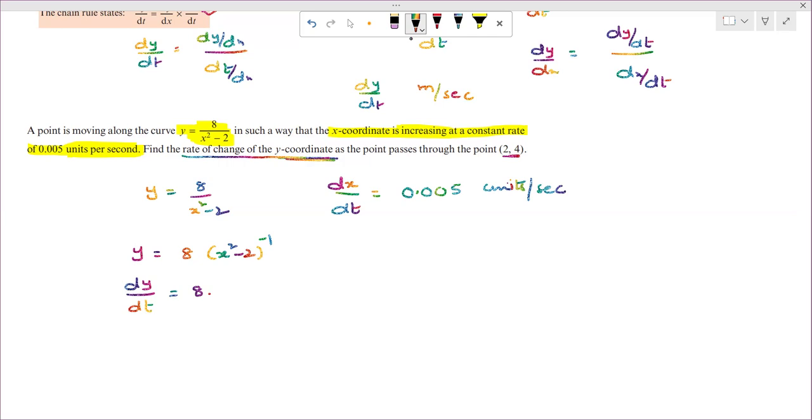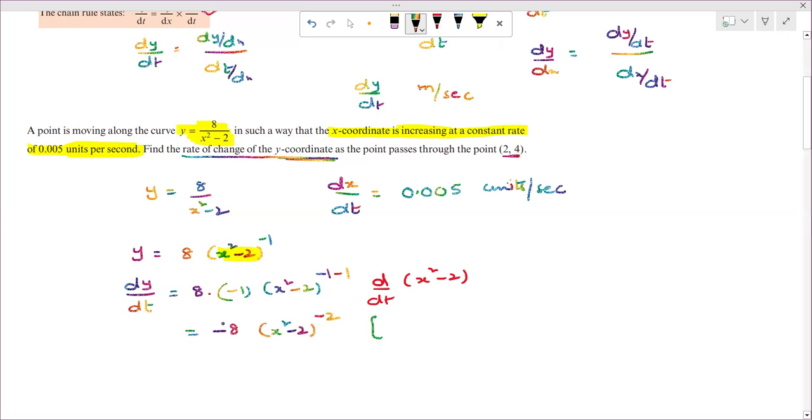The same formula applies, like x to the power of n formula, n into x to the power of n minus 1. Again, differentiation of the inner part, d by dt of x square minus 2, which is equal to minus 8 into x square minus 2 whole to the power of minus 2.